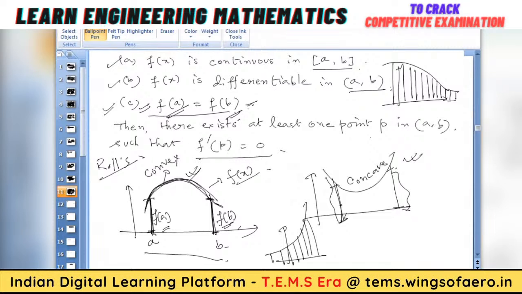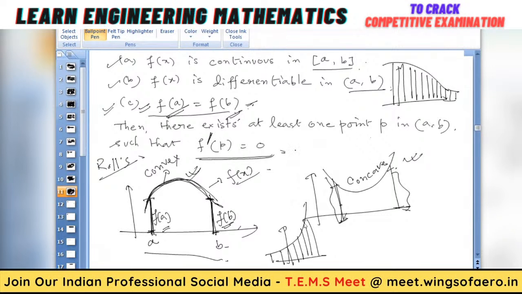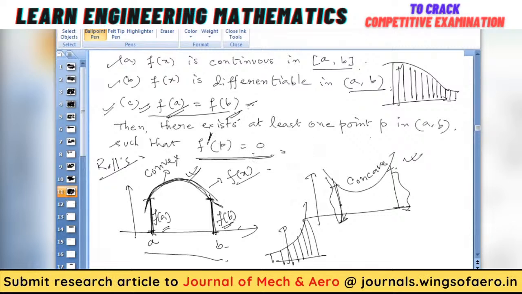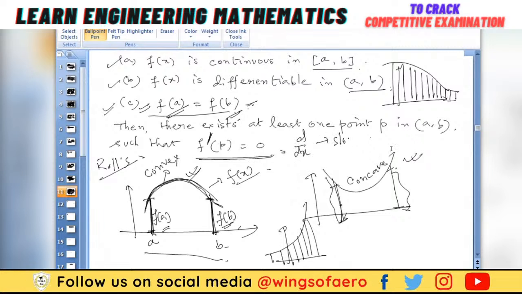Now, what is this f dash p equal to 0? f dash p means the differential of this function. Differentiability, f dash or d/dx, means the slope of this function.